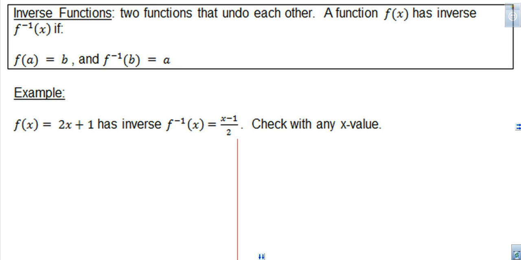So the definition of inverse functions is two functions that undo each other. f of x is our regular notation for a function, so we say f inverse of x. This little symbol looks like an exponent of -1.